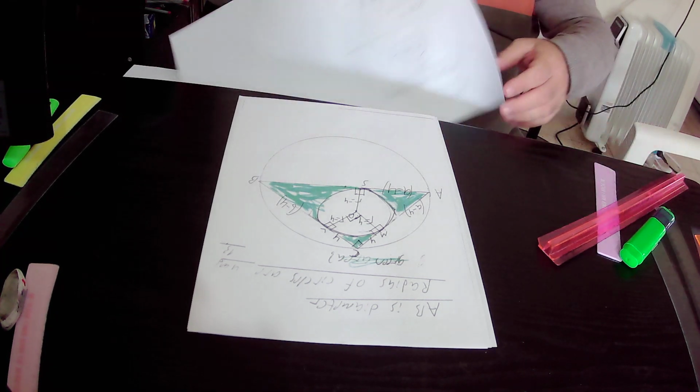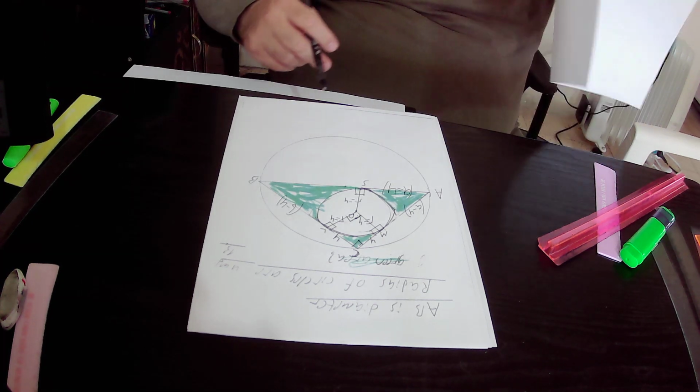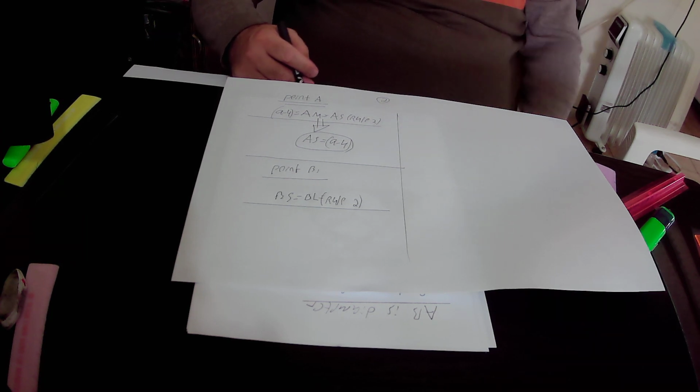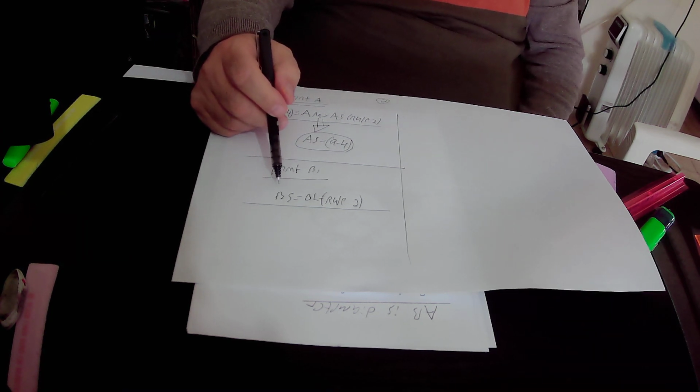And according to rule number 2, the lengths of those two tangents must be equal to each other because they are exiting from the common external point B. Therefore, they must be equal to each other in their lengths.